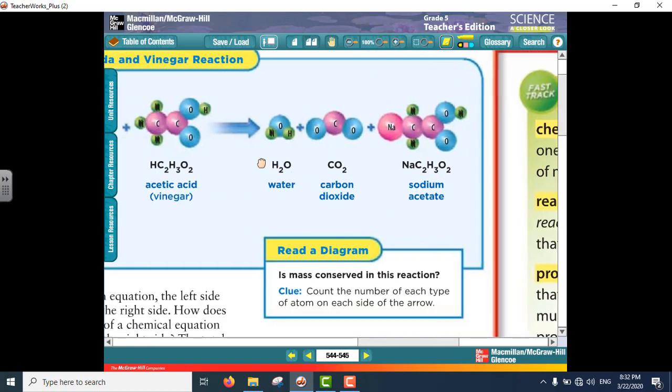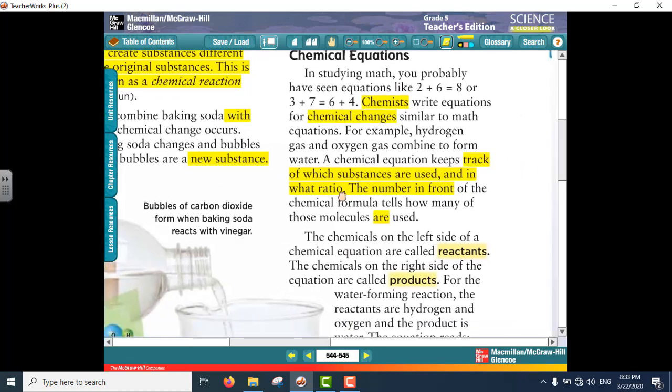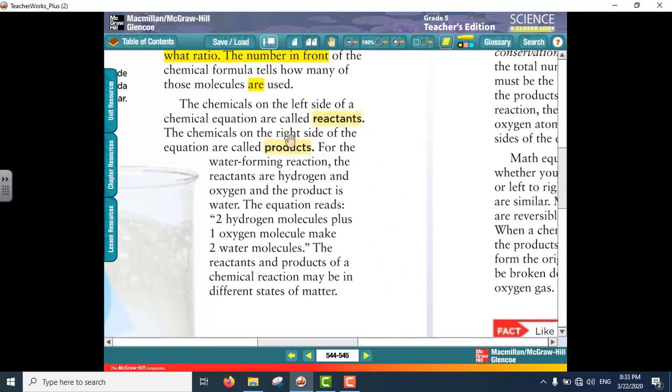And on the right side here, we have H2O, CO2, NaC2H3O2: water, carbon dioxide, and sodium acetate. They are called products, okay? So in any chemical equation, we have two sides: the left called reactants and the right side called products.